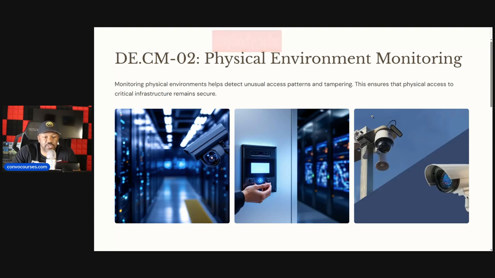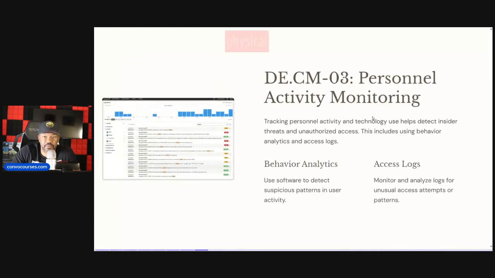We want to monitor anybody who is entering that area, or even entering your building in some cases. So that's CM-02. Very, very important. Physical security, and you'll see it throughout most of the frameworks and standards, where physical security is put right there up front.